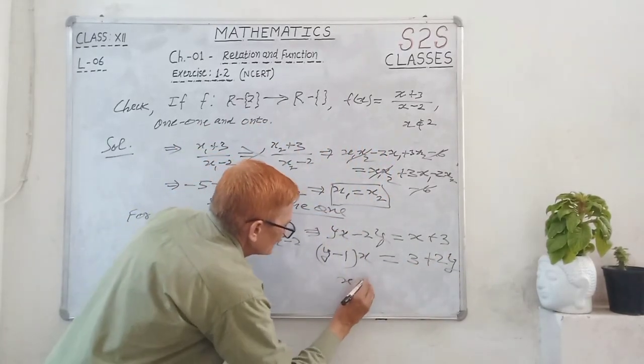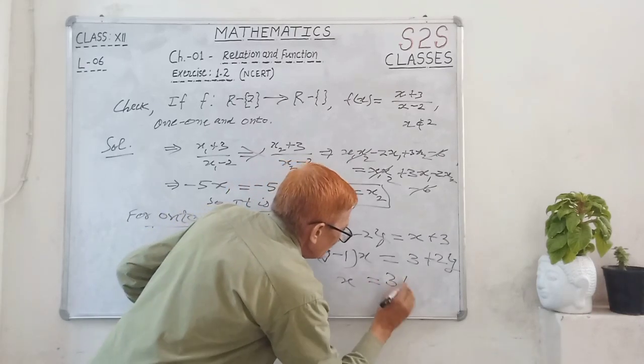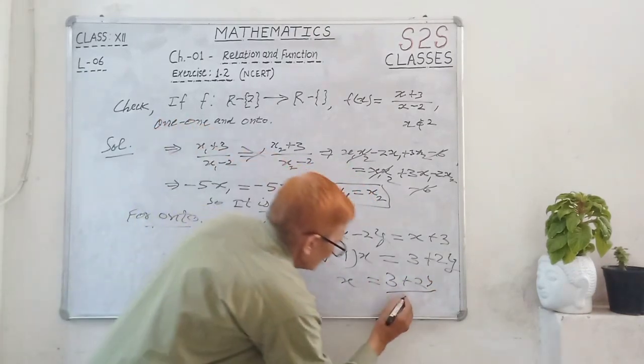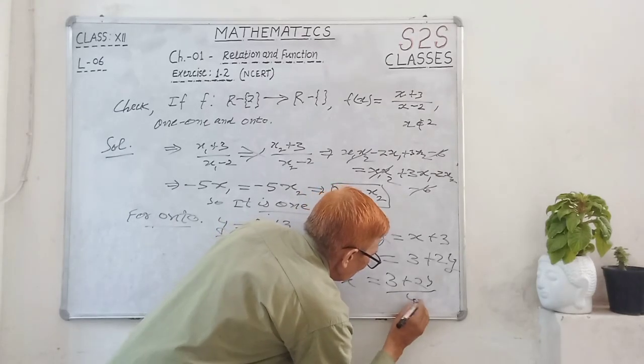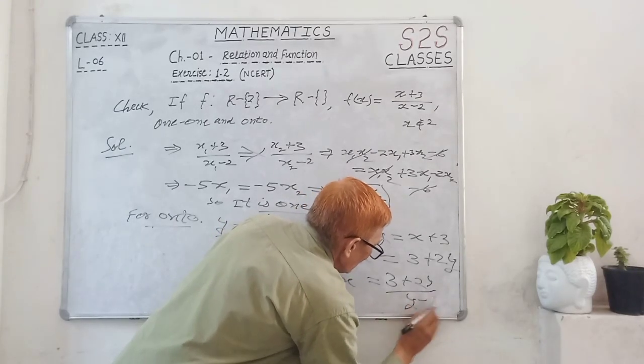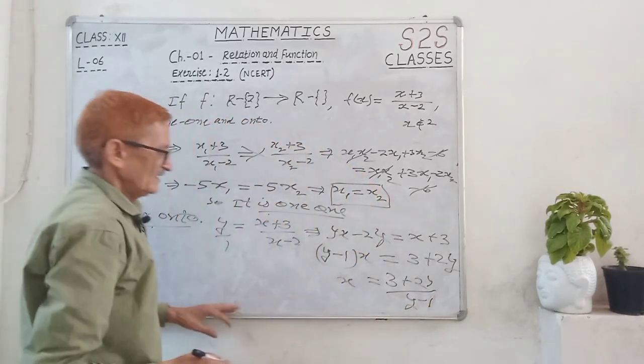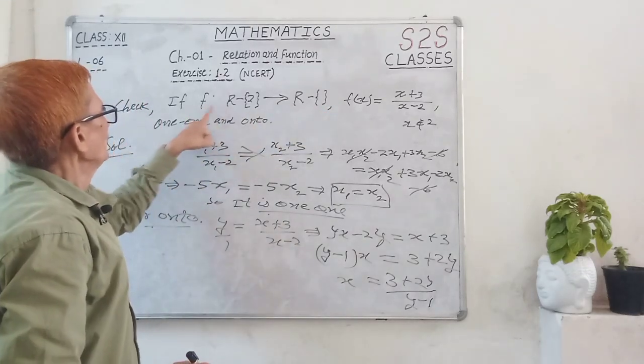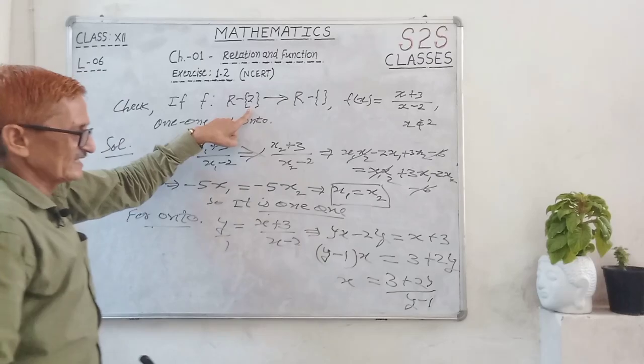Then x will be equal to (3 plus 2y) upon (y minus 1). Okay, this. Now x belongs to R minus 2, all real numbers except 2.